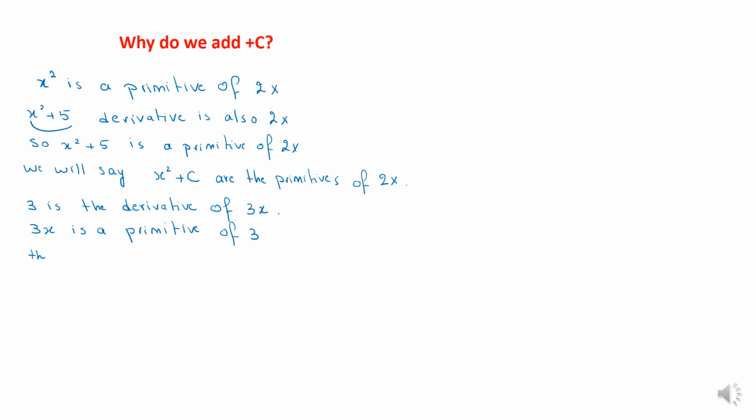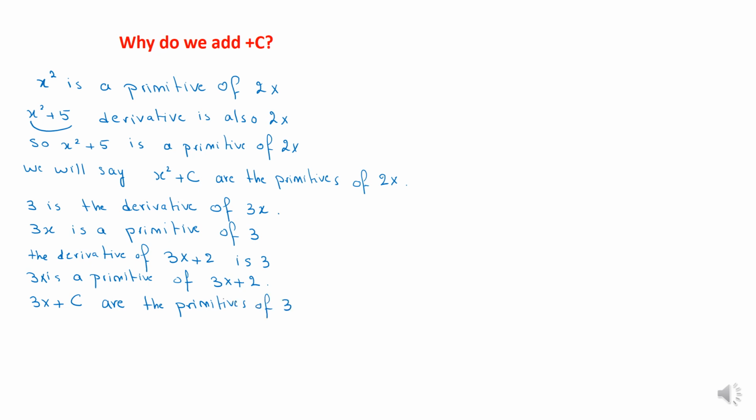Also the derivative of 3x plus 2 is 3, so 3x plus 2 is also a primitive of 3. In general, 3x plus c are the primitives of 3.